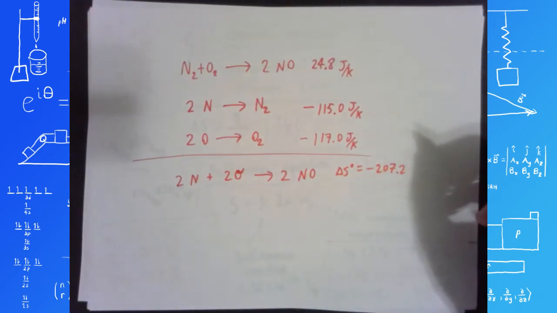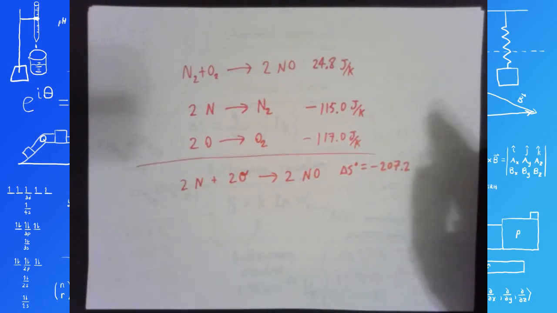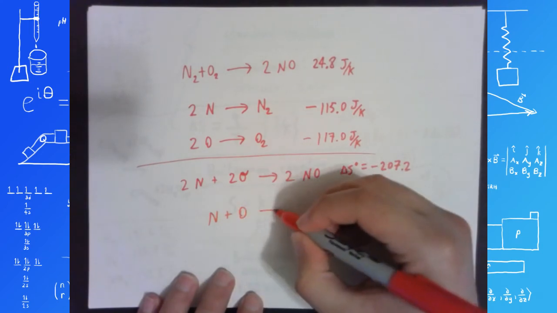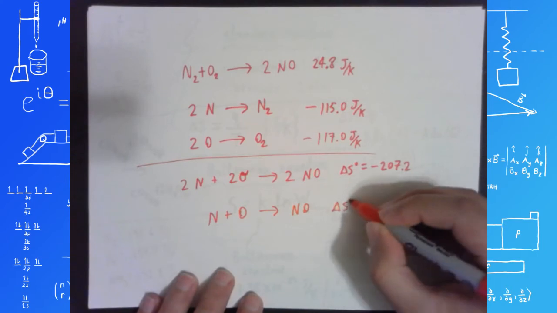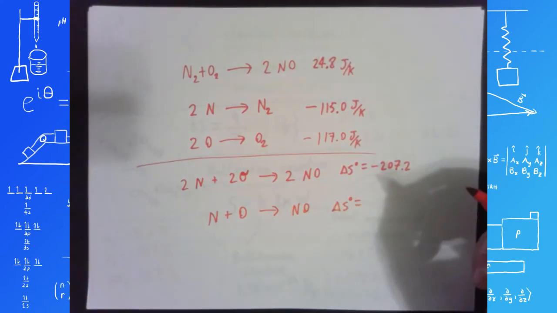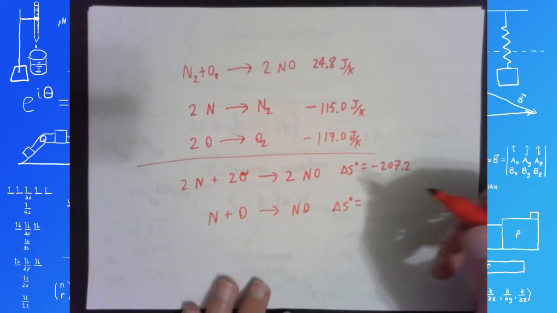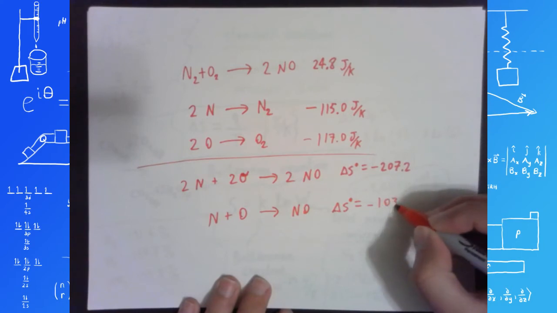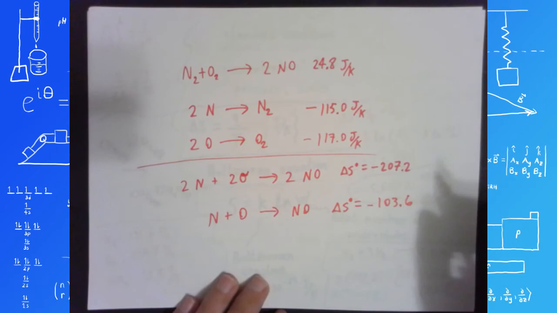But this isn't our desired equation. This is 2 times our desired equation. So divide everything by 2, and we get N plus O yields NO, has a delta S standard of, let's see, it would be negative 103.6.